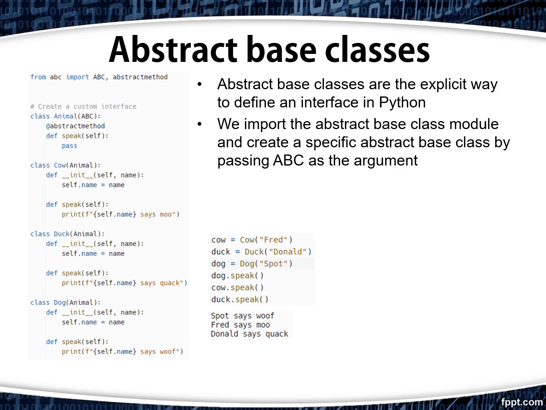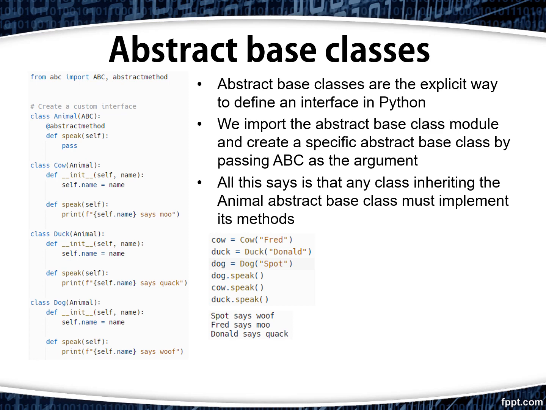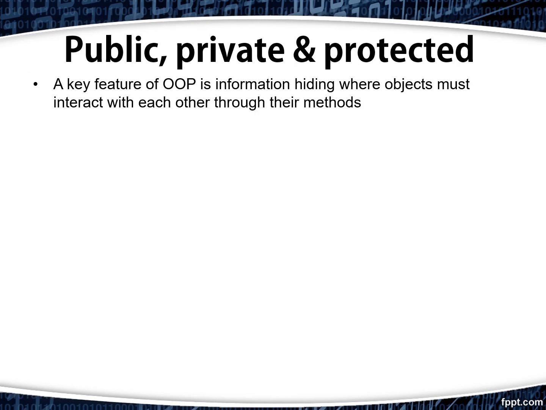First, you need to import the abstract base class module and create a specific abstract base class by passing ABC as the argument. All this says is that any class inheriting the animal abstract base class must implement its methods. In this case, there's just one method. It must implement speak.